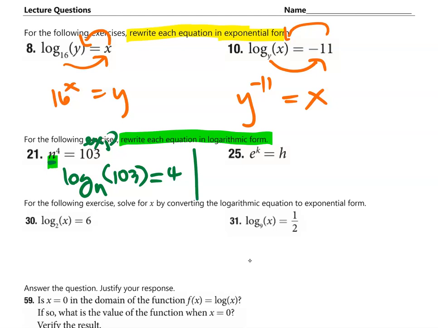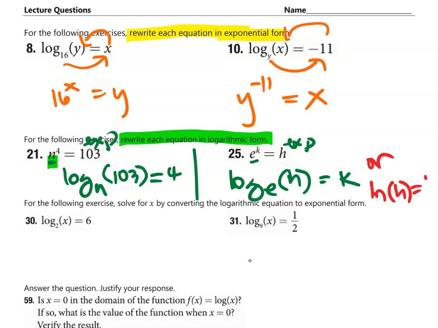Number 25, the base is e, so log with base e, and this is your exponent, of h is equal to k. Or if your base is e, you can write this as ln of h is equal to k.